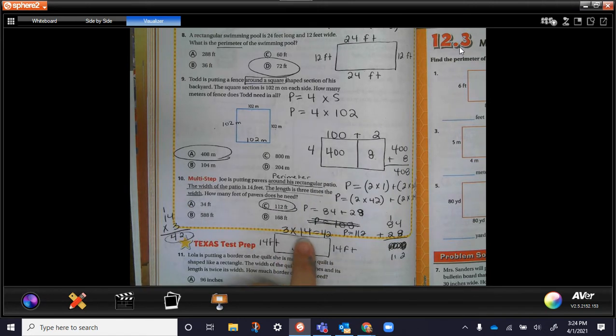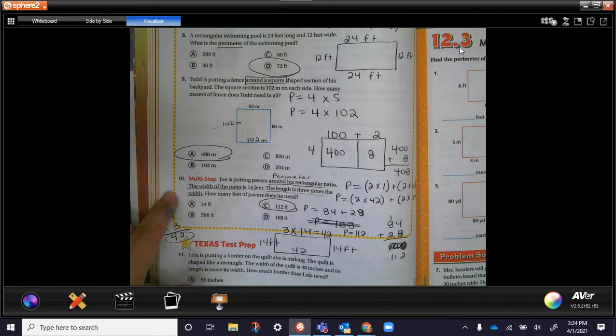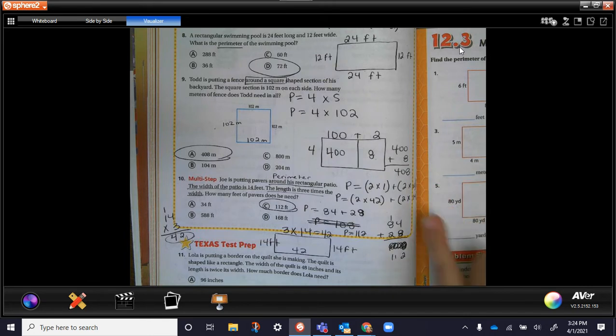So 3 times 14. It's multi-step because we had to do that first, and we found that 3 times 14 is 42. Then we had to find the perimeter to see how many feet of pavers he needs. So we used that same formula, plugged it in, multiplied it out, added those two up, and got our final answer, 112.